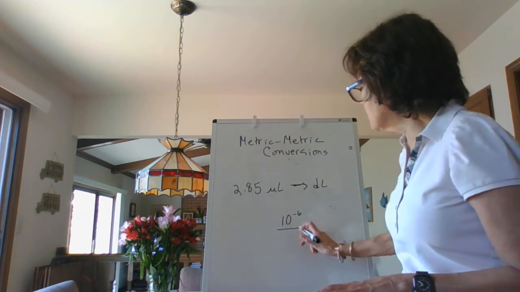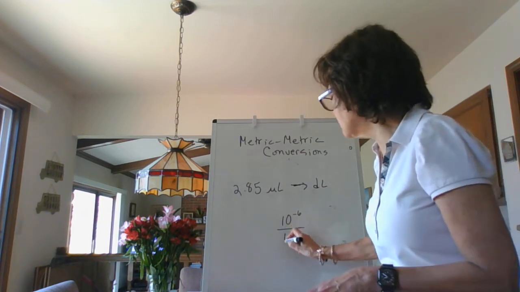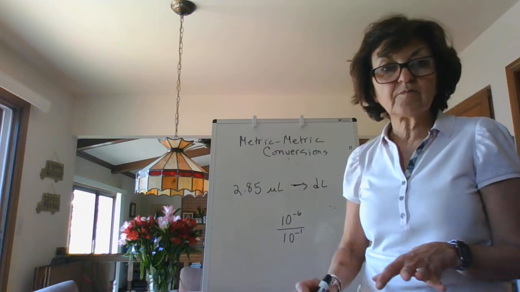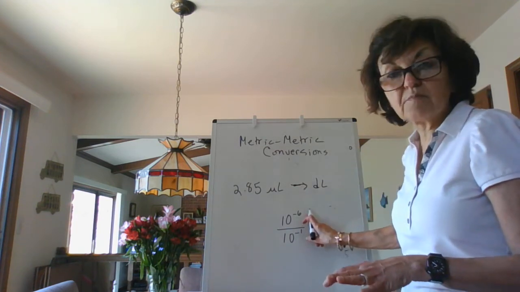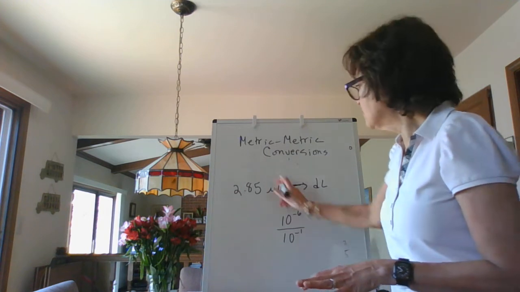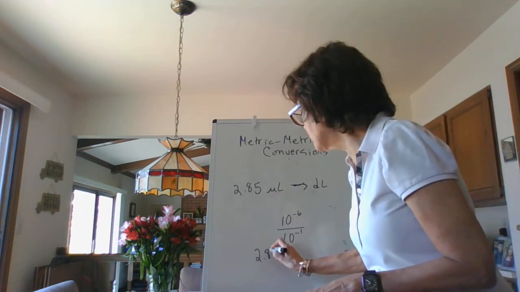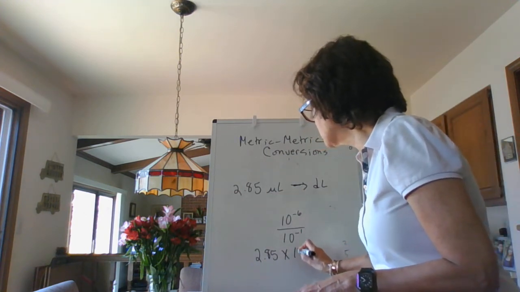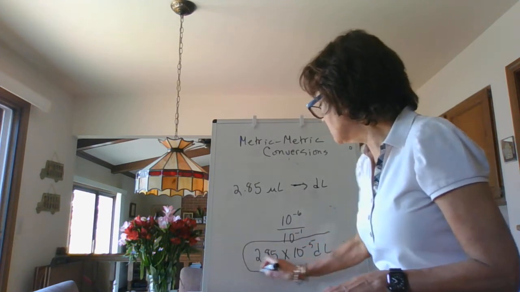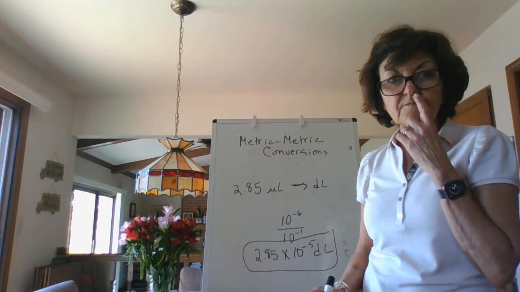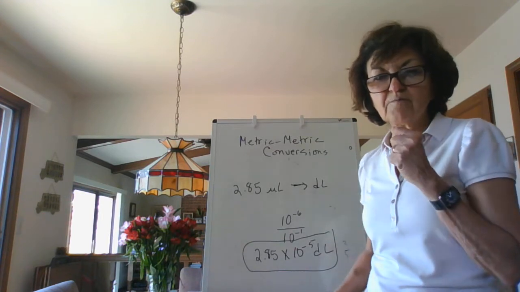And then underneath it, you put the meaning of deciliters, 10 to the minus 1. And then what do you do? Bring this up to the top. It becomes a positive 1. So your final answer is 2.85 times 10 to the minus 5 deciliters. See how fast I just did it? Hopefully you're paying attention here.